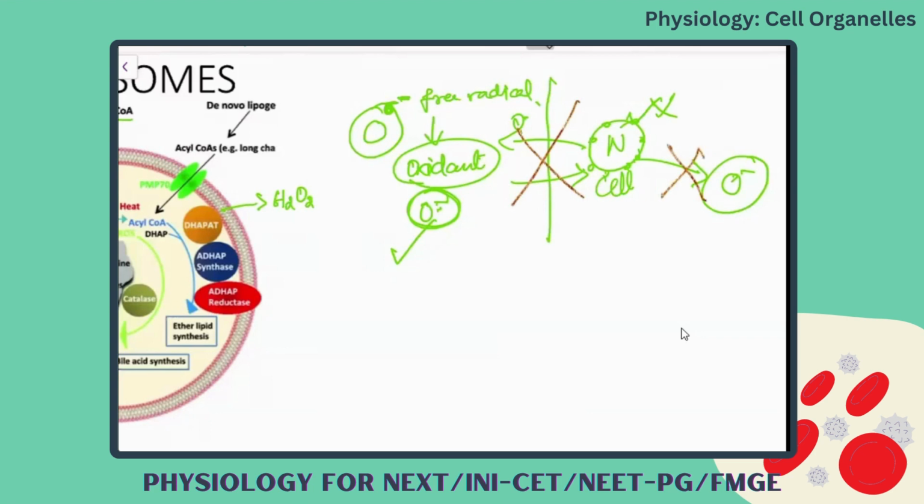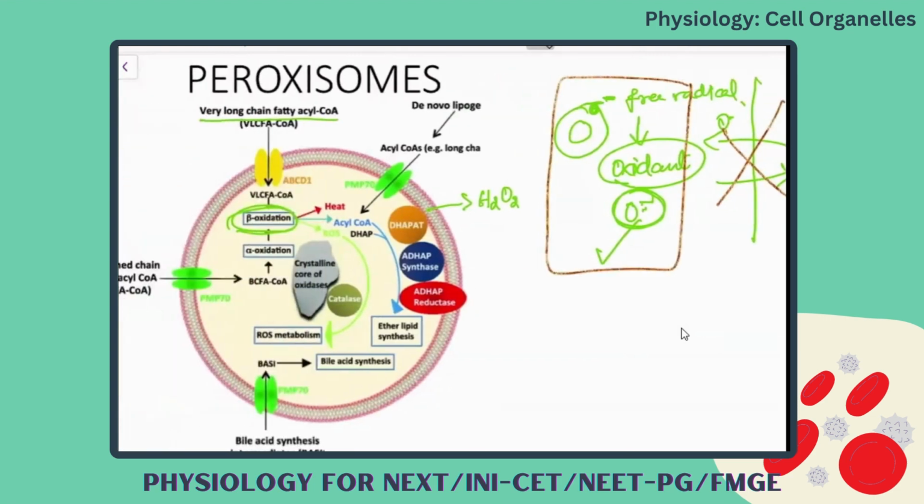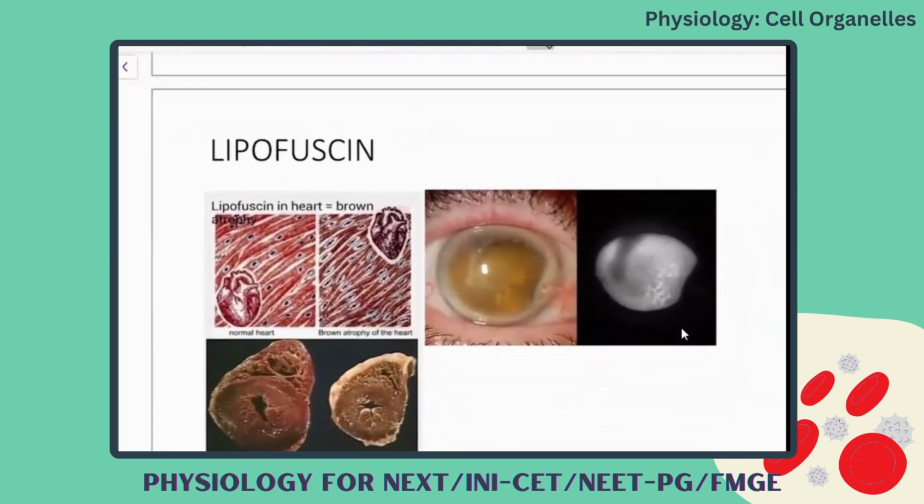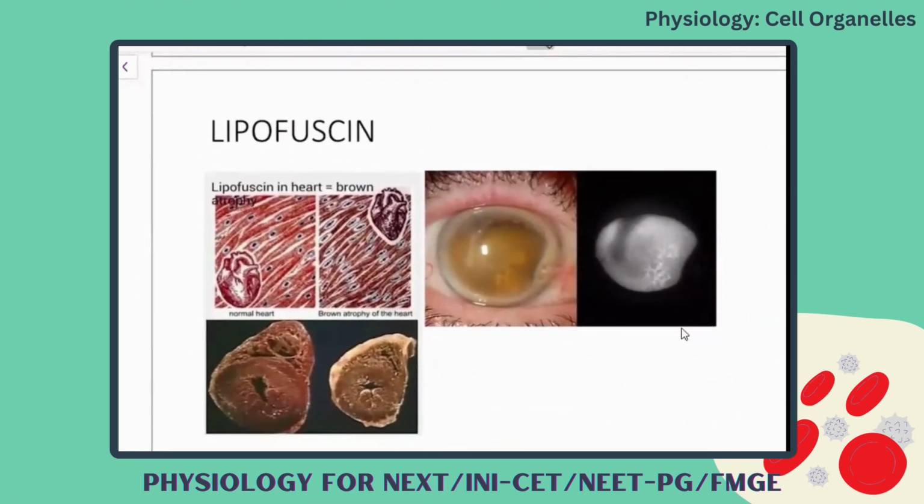Okay, so this is what is called oxidative damage. All this oxidation and free radical production, oxidants, everything is happening in the peroxisomes. Okay, clear?